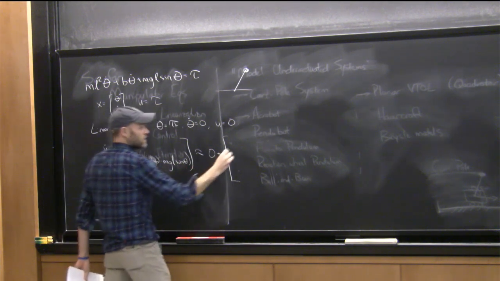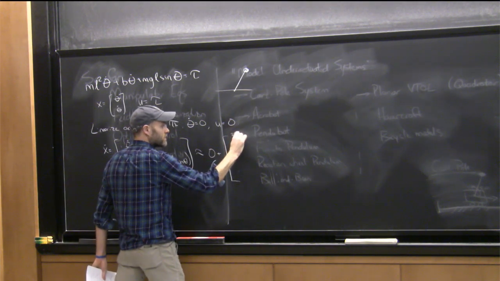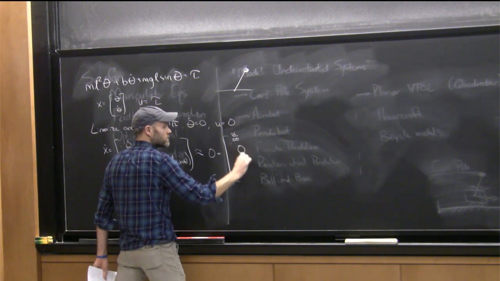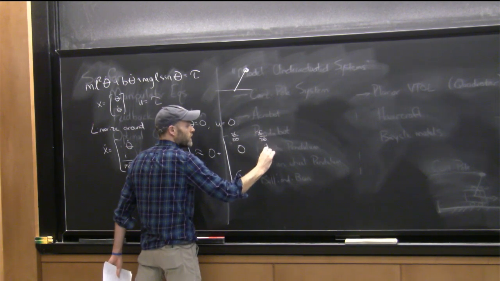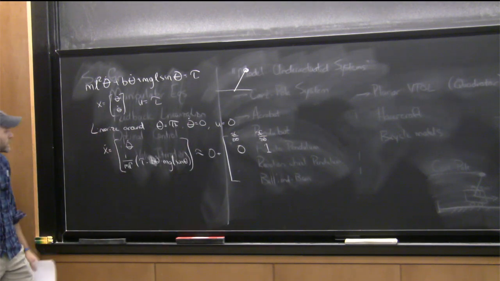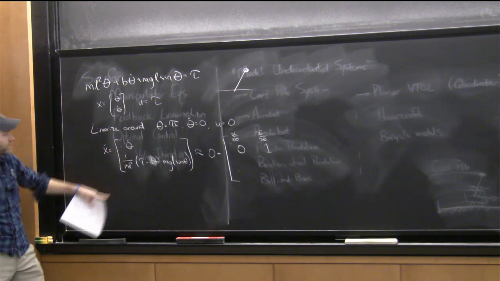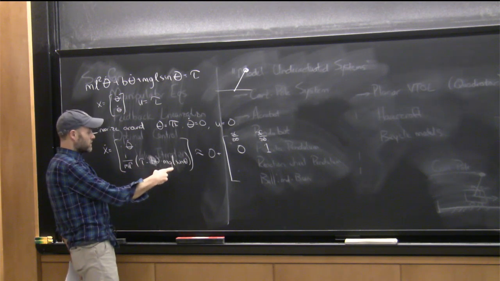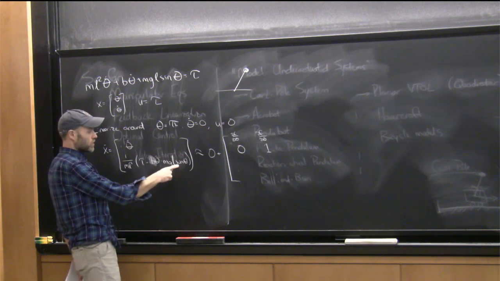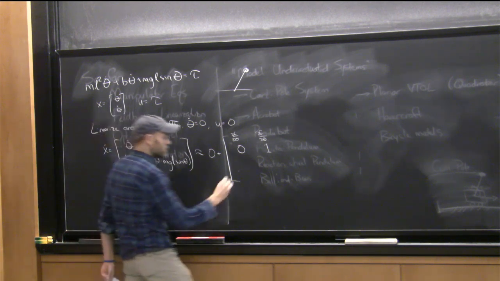Okay, so this is partial f1 partial theta is 0, partial f1 partial theta dot is 1, partial f2 partial theta is just negative g over L cosine theta, right?